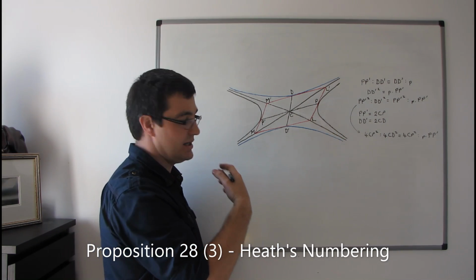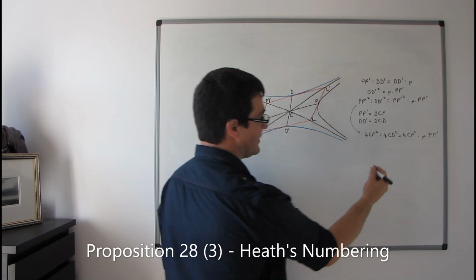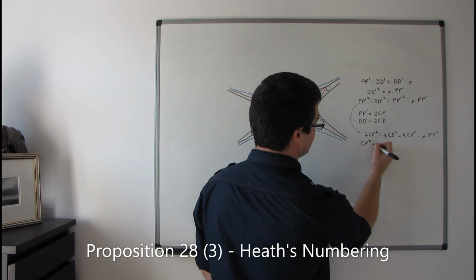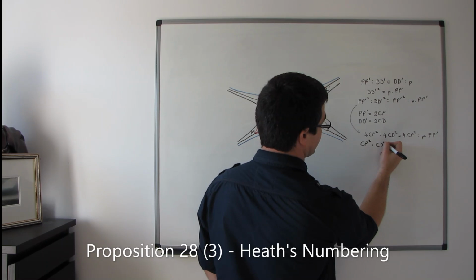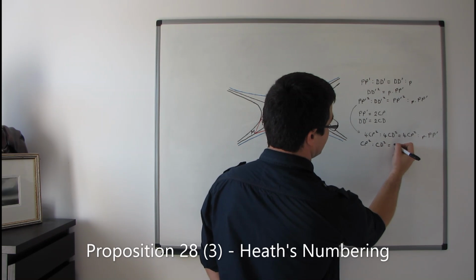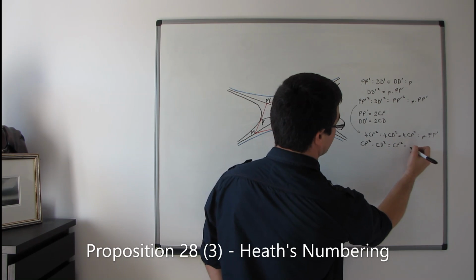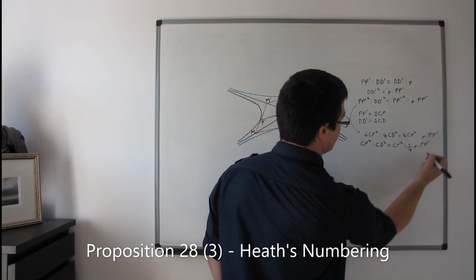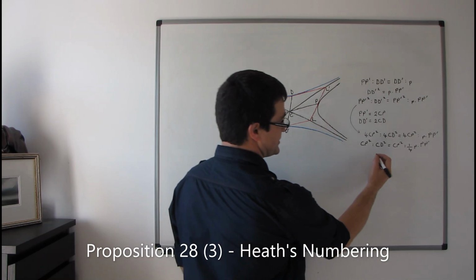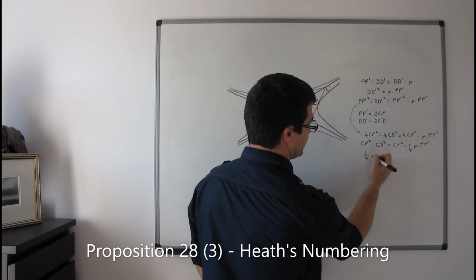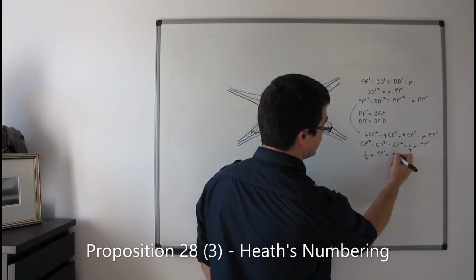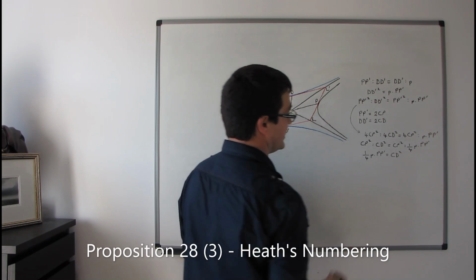We can almost think of this as dividing through by 4, and we get CP squared to CD squared is equal to CP squared to a quarter p times p primed. So the result of this is that a quarter p primed is equal to CD squared.